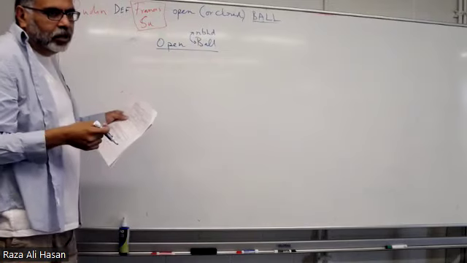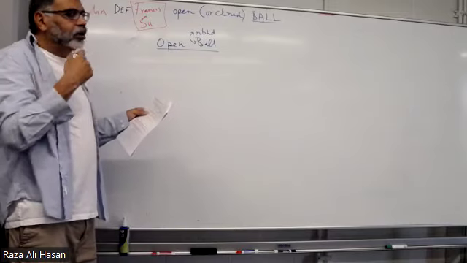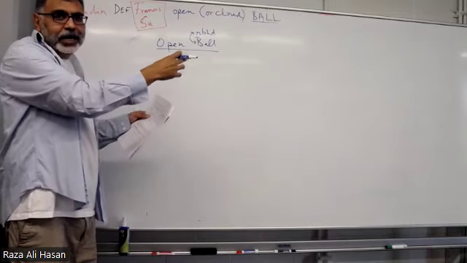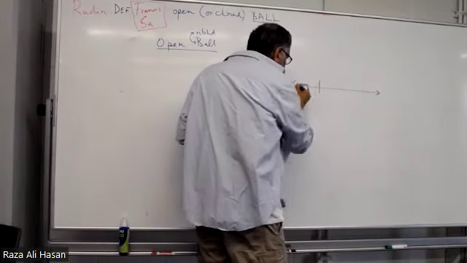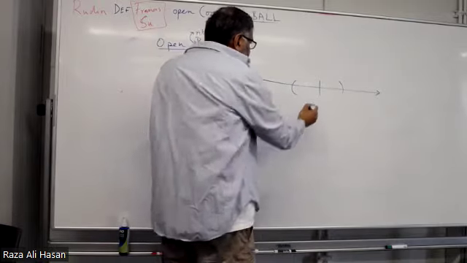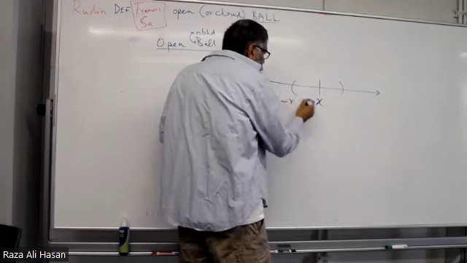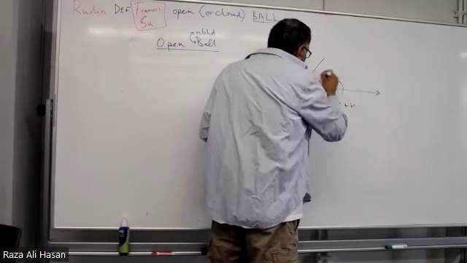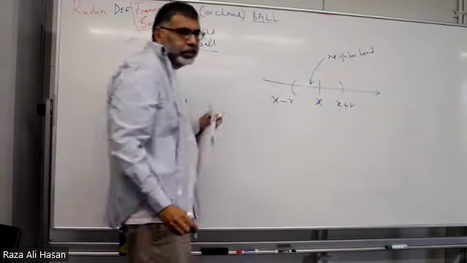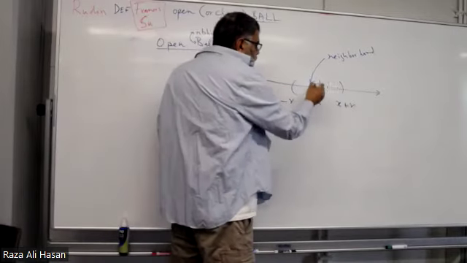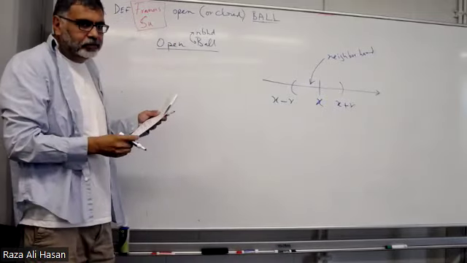Why are we using the word ball? Because we are in 2D and higher. If you're on a real number line, it's just a neighborhood, right? So if you're like this, let's say this is the center point, and then x minus r and x plus r. This thing is called a neighborhood. Just like yesterday's class when it was inside that epsilon neighborhood where all the terms were clustering.